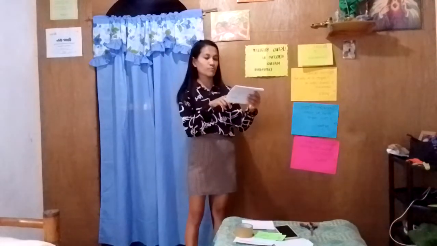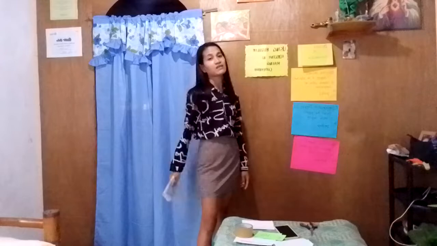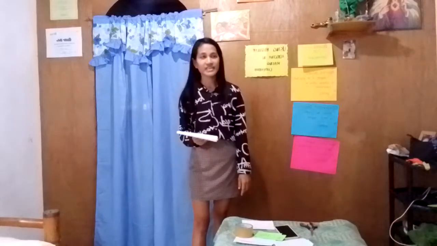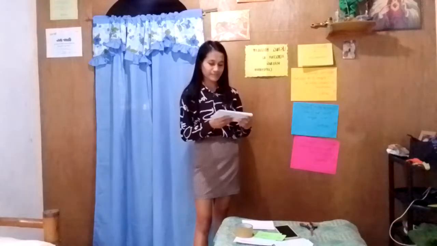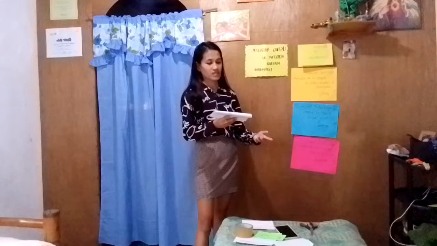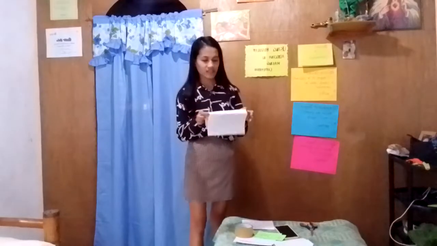So the one is bad. The comparative of bad is worse, and the superlative degree of bad is worst. Yes. Next is tall, taller, tallest. Then next is heavy, heavier, heaviest.